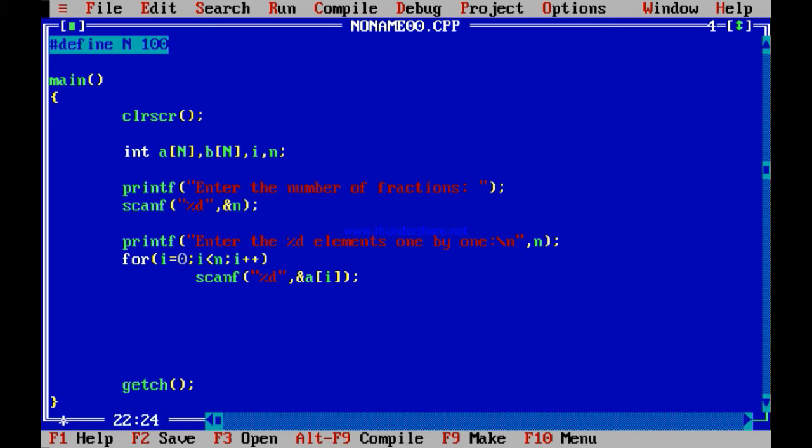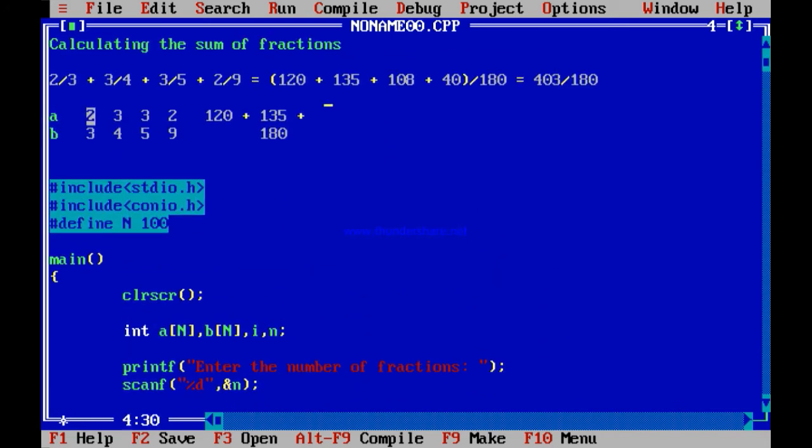Now I will say: enter the %d fractions. The user will enter the fractions one by one. Remember, the user will never enter 2, 3, 3, 2 in that order. The user will enter 2, then 3, then 3, then 4, then 3, then 5, then 2, then 9.